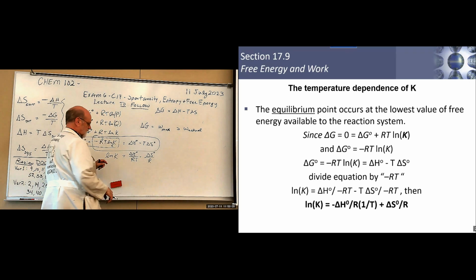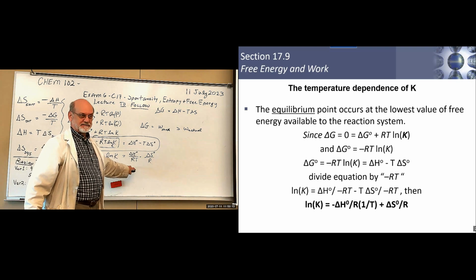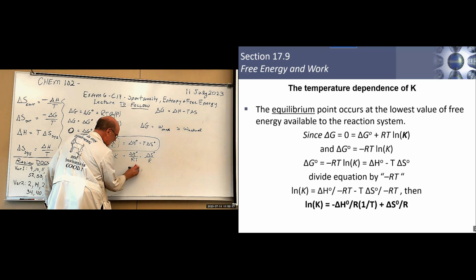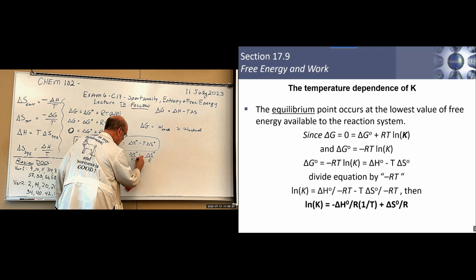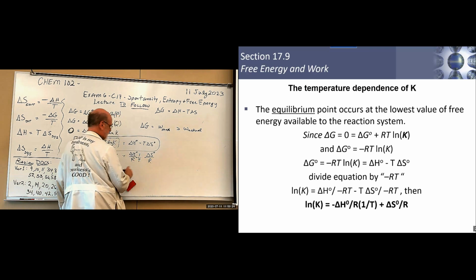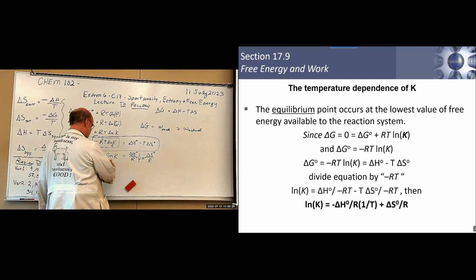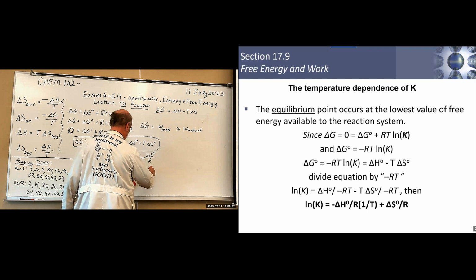Well, where we're going with this is a straight line. So we're going to take this term right here and factor out the 1 over T. Okay? So now what do we have? We have y equals mx plus b.